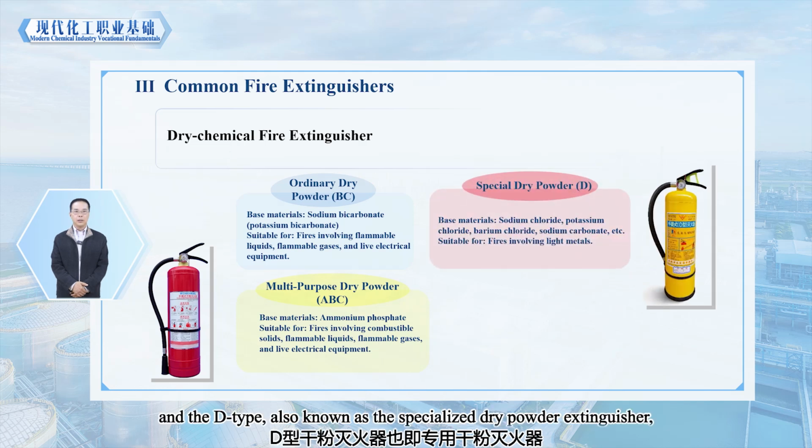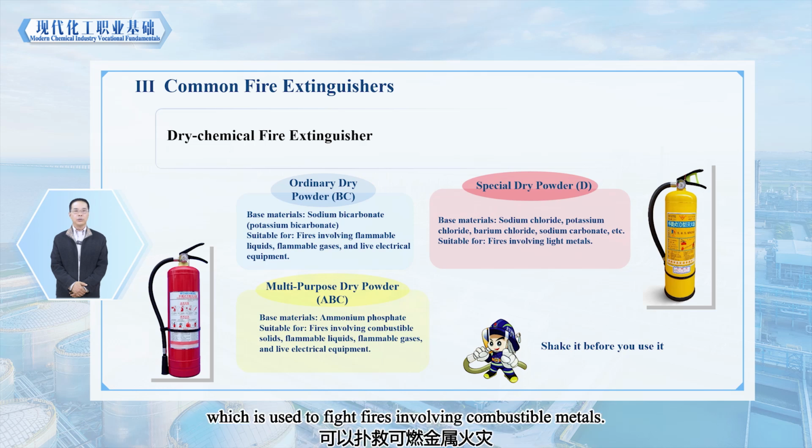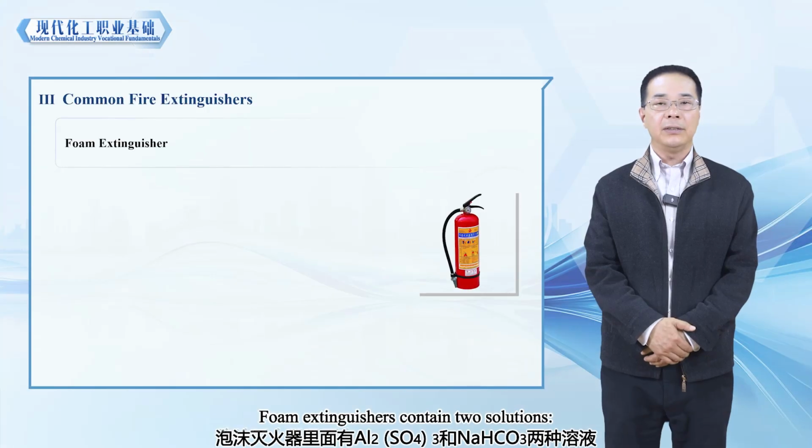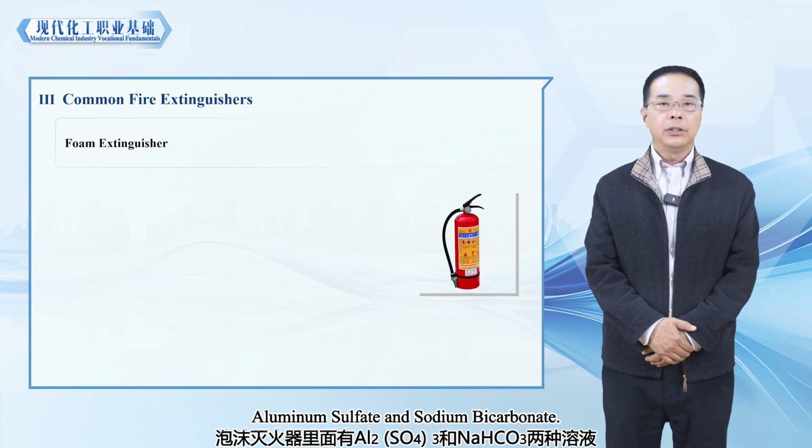And the D type, also known as the specialized dry powder extinguisher, is used to fight fires involving combustible metals. Foam extinguishers contain two solutions: aluminum sulfate and sodium bicarbonate.